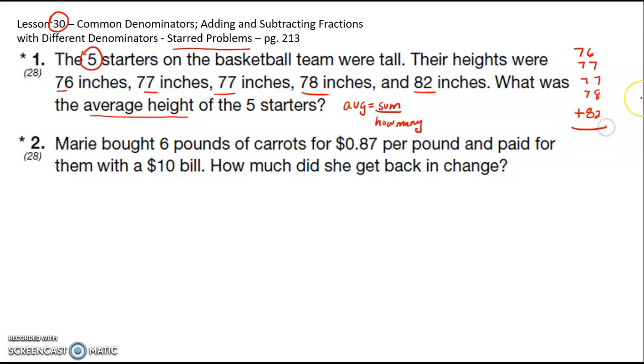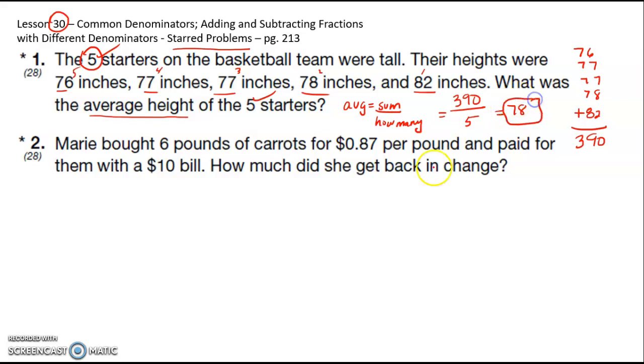Let's go ahead and add those up with the calculator. Okay, so this is 390. That's my sum. And then I have 1, 2, 3, 4, 5. Well, 5 starters, so that's divided by 5. So 390 divided by 5 gives me 78.